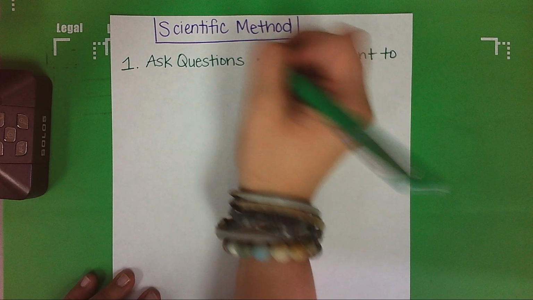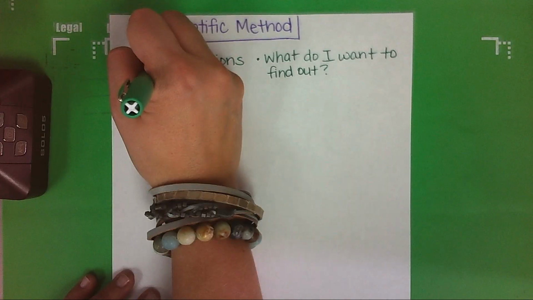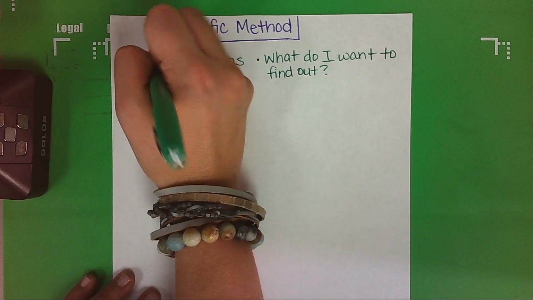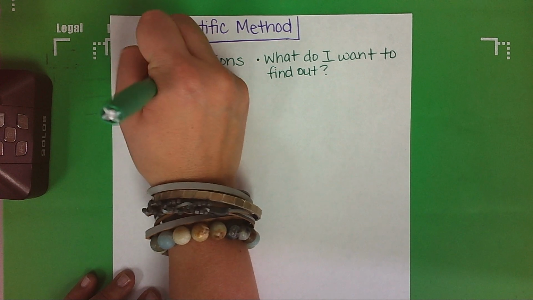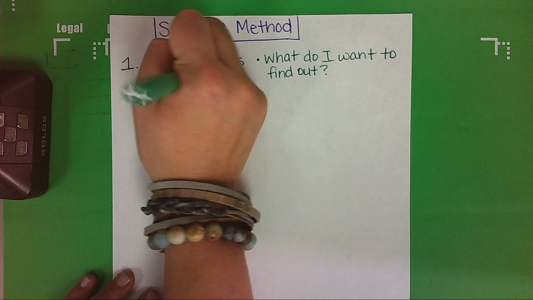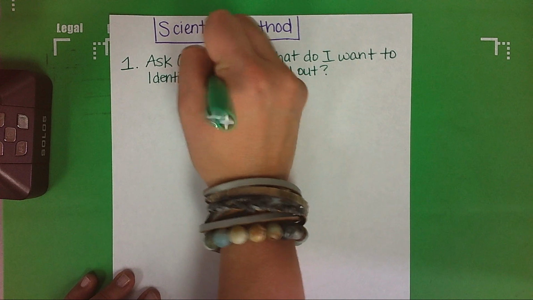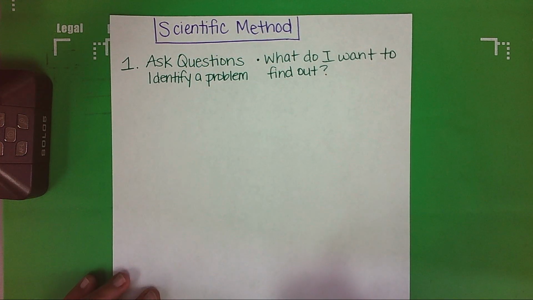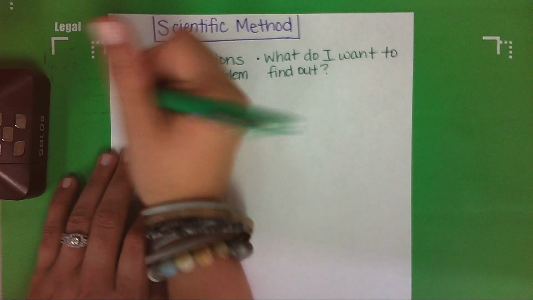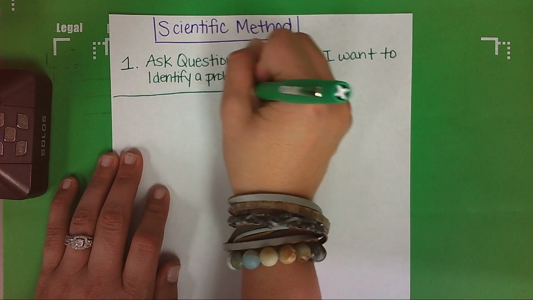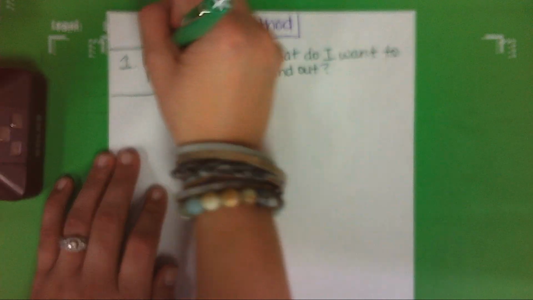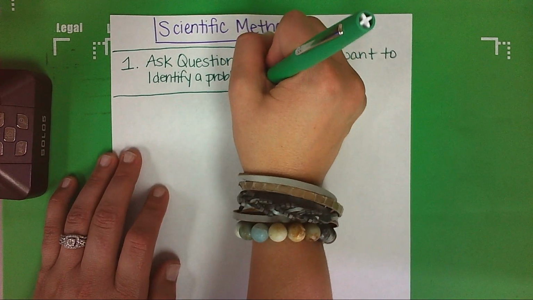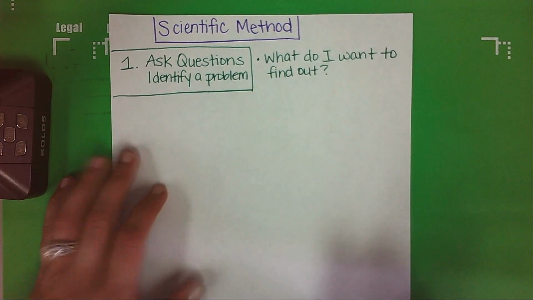Okay, so this could also be or identify a problem. Sometimes experiments are done when a question comes up about a problem. Okay, so the first step is to ask questions.